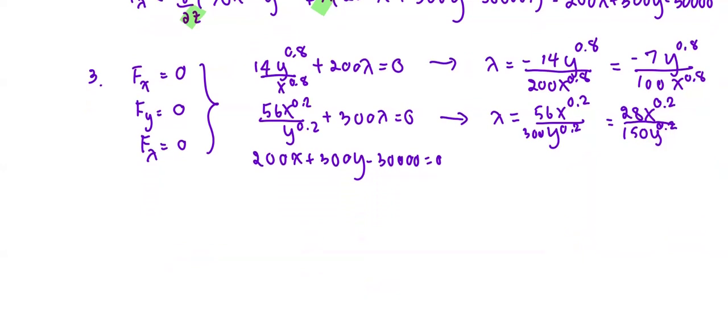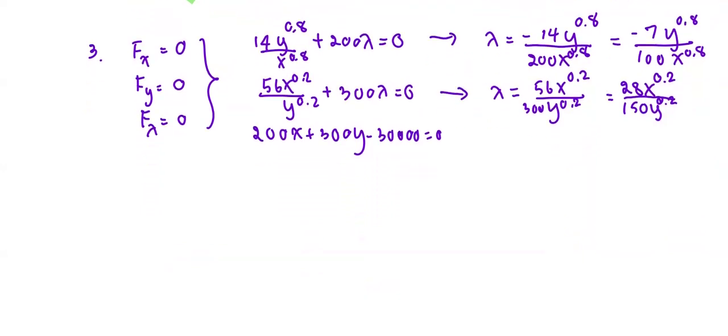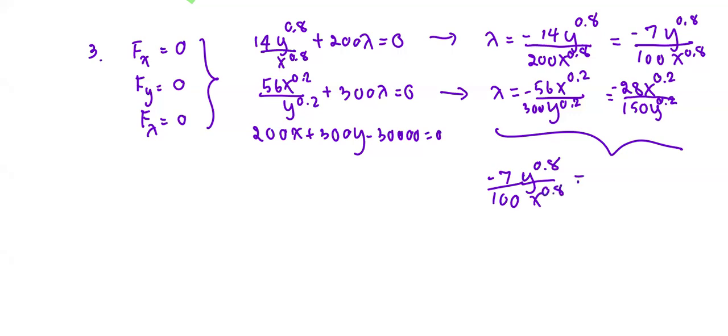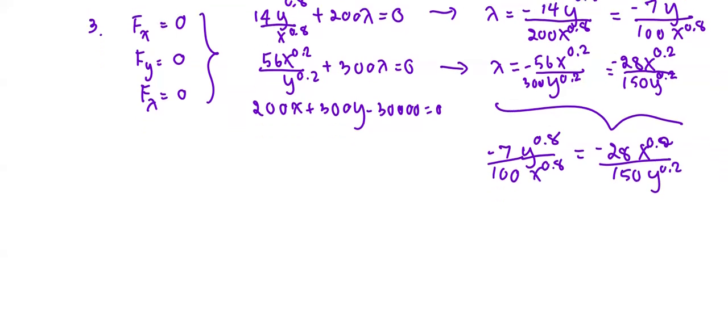Then, since these two represent the expression for lambda, we're going to equate them. This is the negative side and this the negative side, sorry. So negative 7 over 100 y to the 0.8 over x to the 0.8 equals negative 28 x to the 0.2 divided by 150 y to the 0.2. Now cross multiply and get rid of the negative sign.